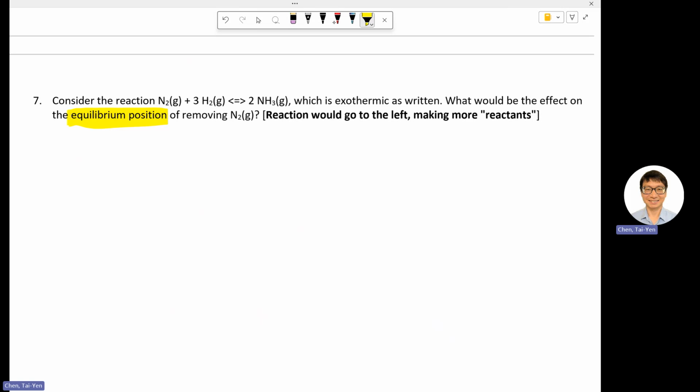With those things in mind, let's read these again. You have N2 gas plus 3H2 gas in equilibrium with 2NH3 in the gas form, which is exothermic. What does exothermic mean?